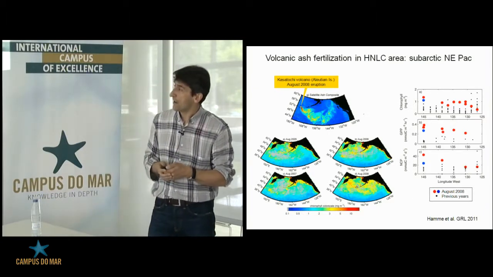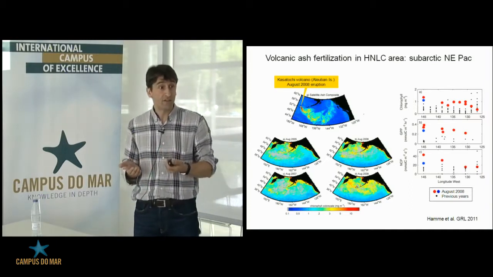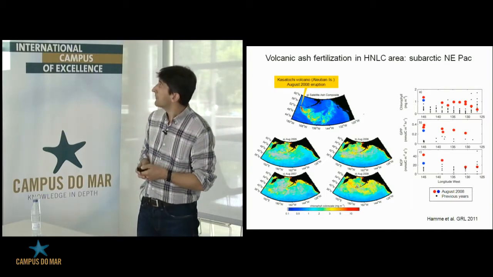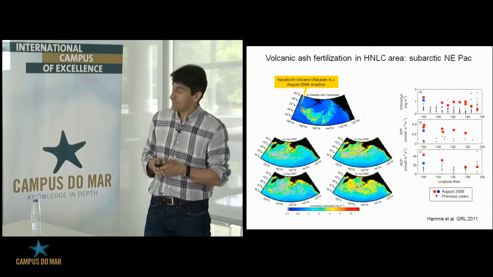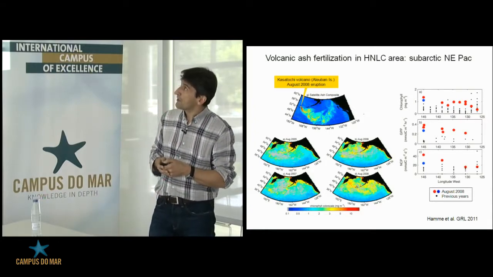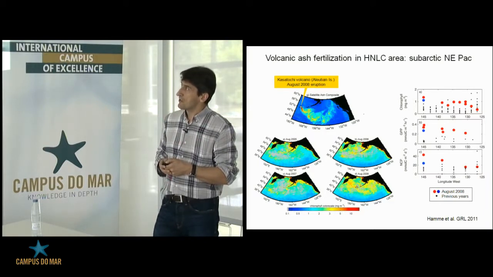Just some examples of these really impressive events, although obviously very sporadic and not frequent at all. But this was done by Roberta Hamme a few years back, and what they found is that because of the eruption of the Kasatochi volcano in the Aleutian Islands, there was a bloom of phytoplankton that year that had not been observed in previous years.